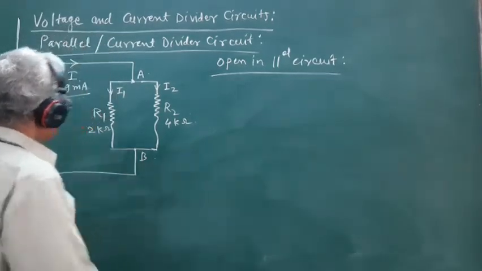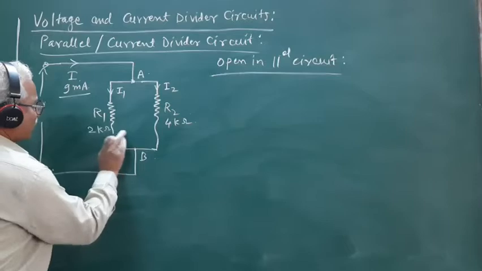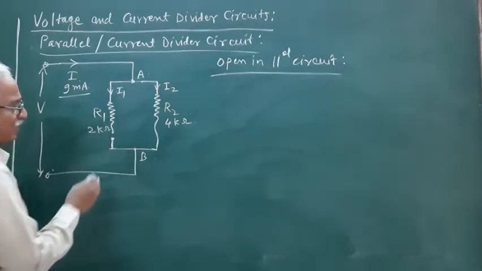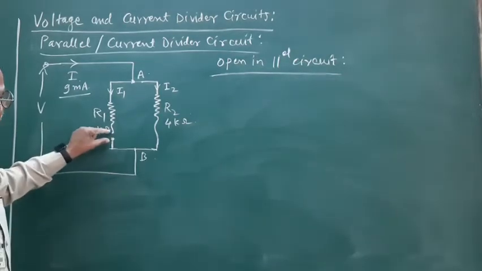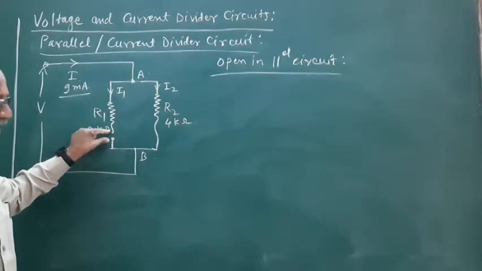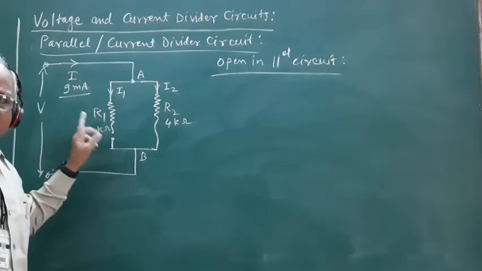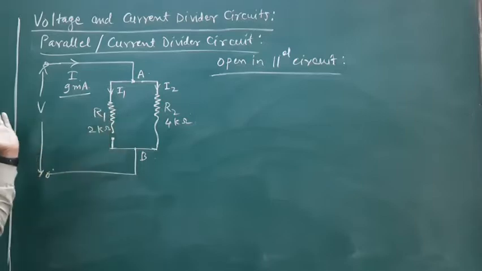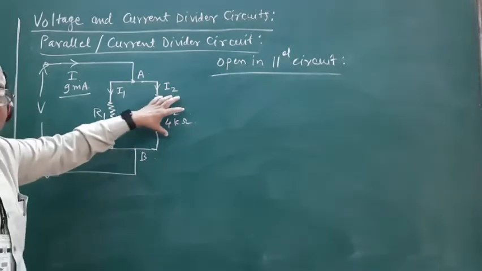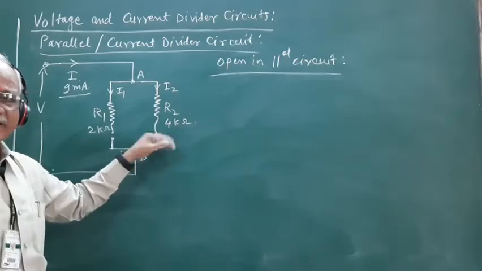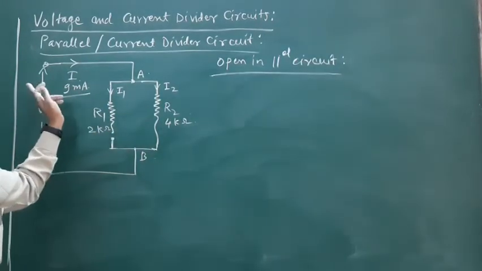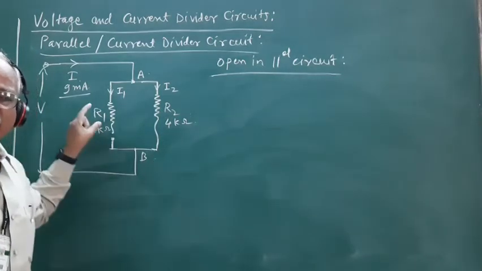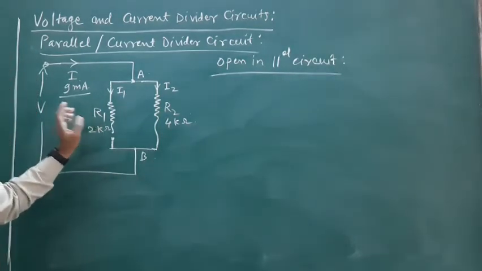Let us consider the open appears in the first branch containing the resistance R1. Then this resistance R1 goes out of circuit and only the resistance R2 remains in the circuit, so that whatever current is drawn from the source, all that current flows through R2 and there is no current flowing through the resistance R1.